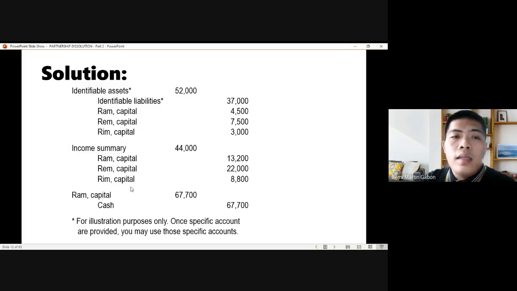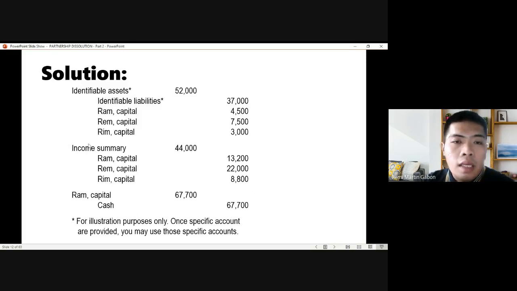Okay? Then close the share in the net profit as of August 31 respectively to the capital of RAM, REM, and RIM. So debit income summary for 44,000, then RAM capital 13,200, REM for 22,000, and RIM for 8,800.